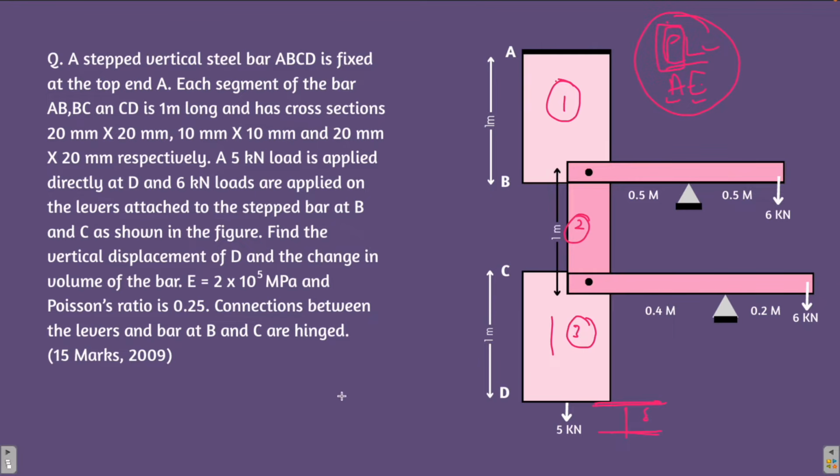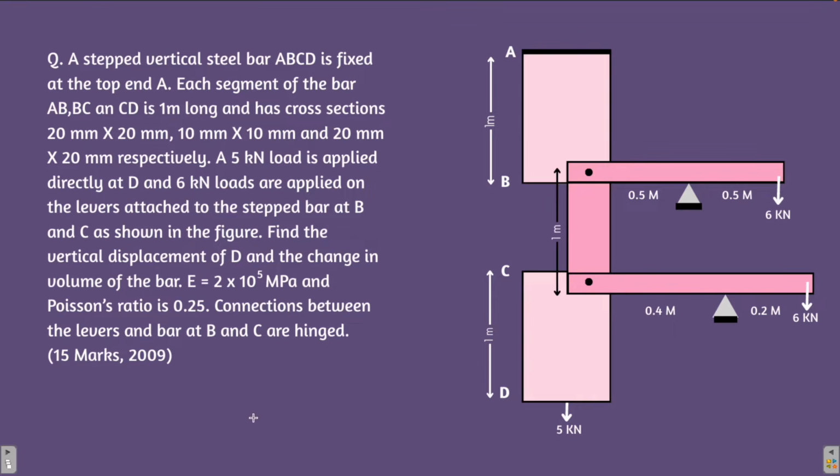So first of all, we have to find out the forces acting on each of these bars, AB, BC and CD, separately. Then we are going to find the elongation of these bars separately, and if we add those elongations, we are going to get the deflection of point D, right?